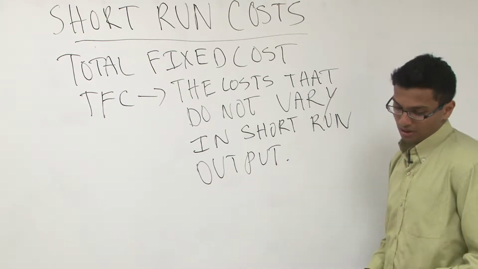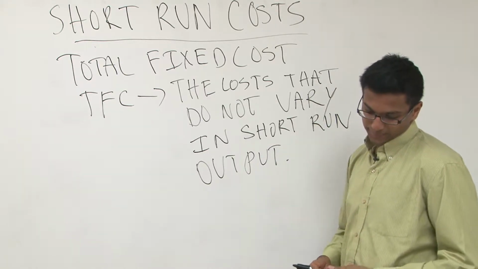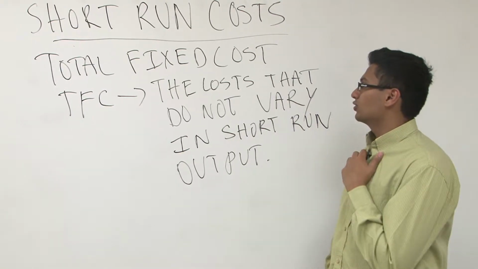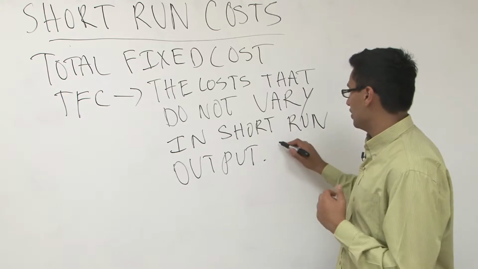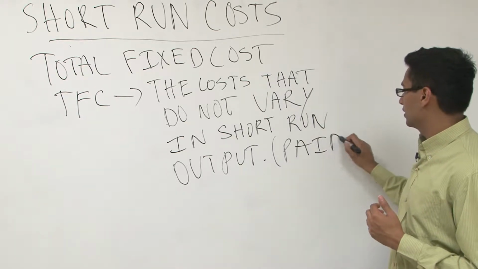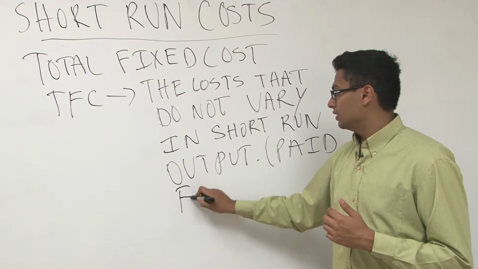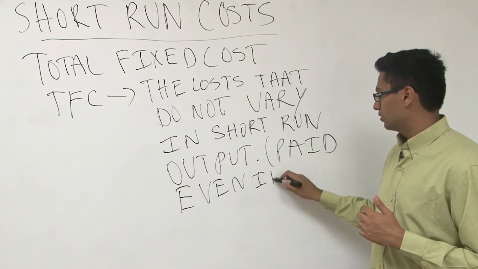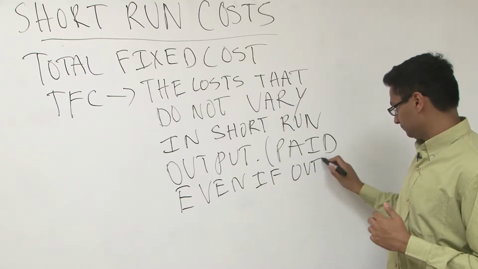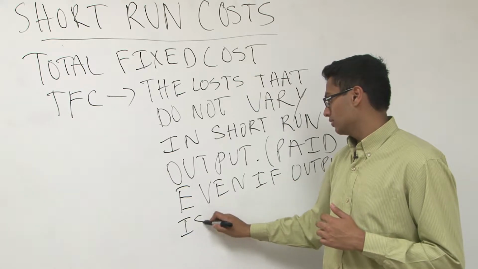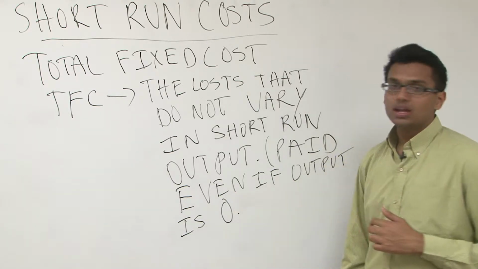They must be paid even when output is 0. That's the other term for it. So I'll write it down too in parentheses: paid even if output is 0. What do we mean by that?